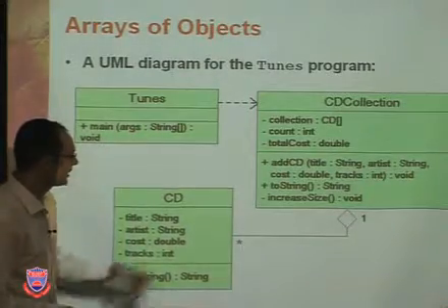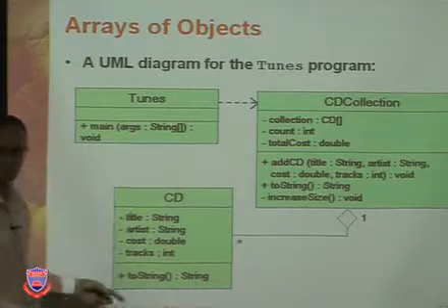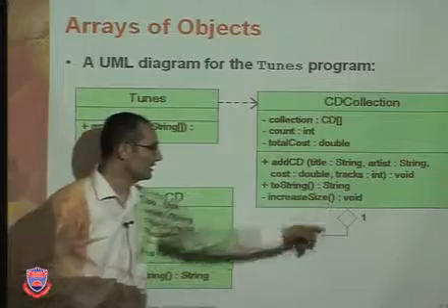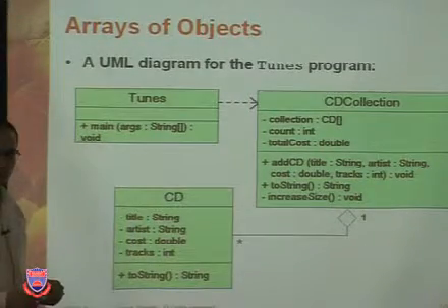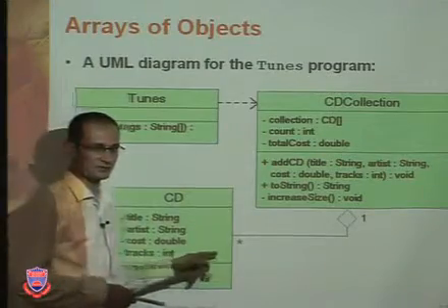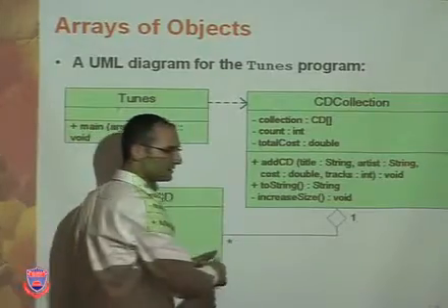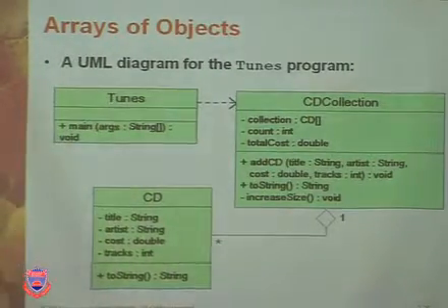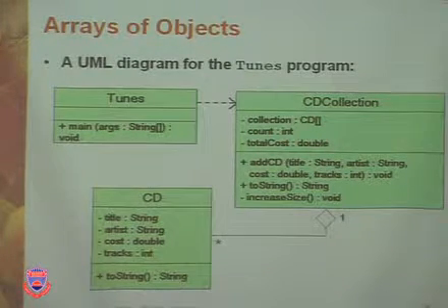And also we have the CD, which has the toString method and those private instance variables. And you see that we have an aggregation that is 1 to n. So it uses multiple CDs in implementing the CD collection. That's why you have 1 and star. So one CD collection uses many CDs in its implementation. That's what this is referring to. Okay, any question?